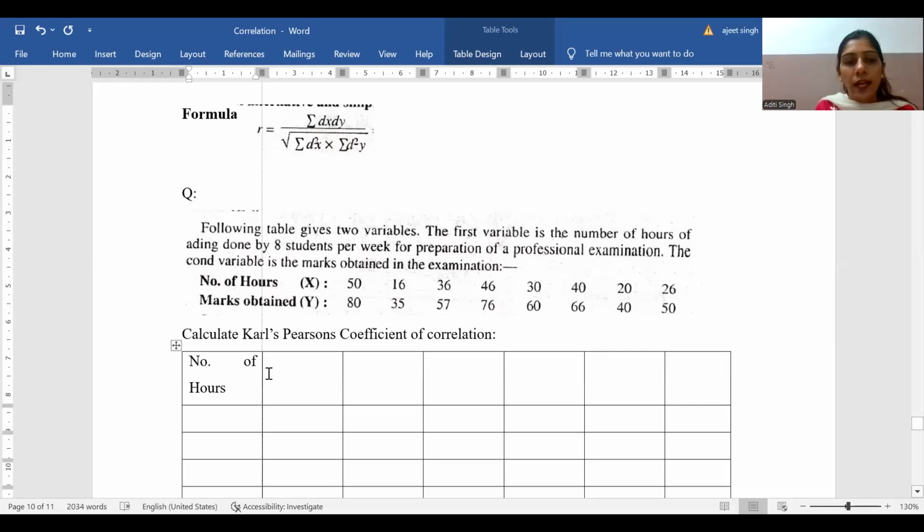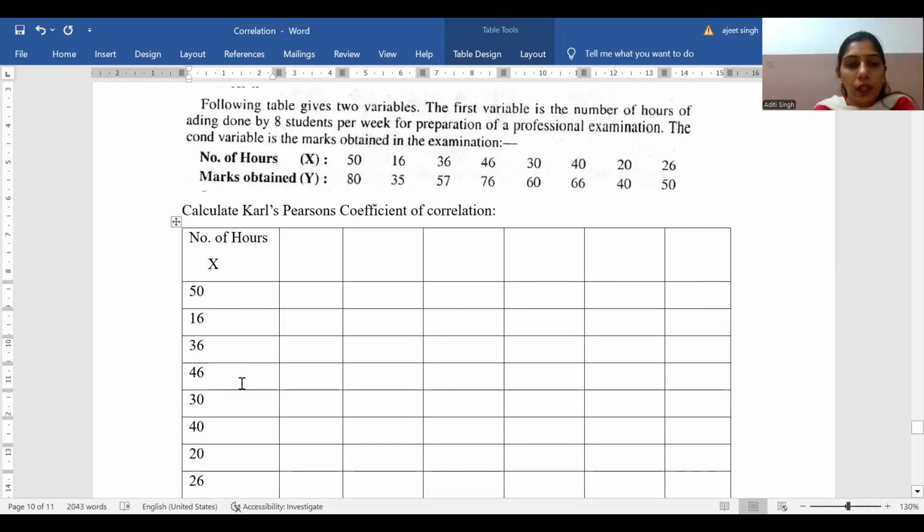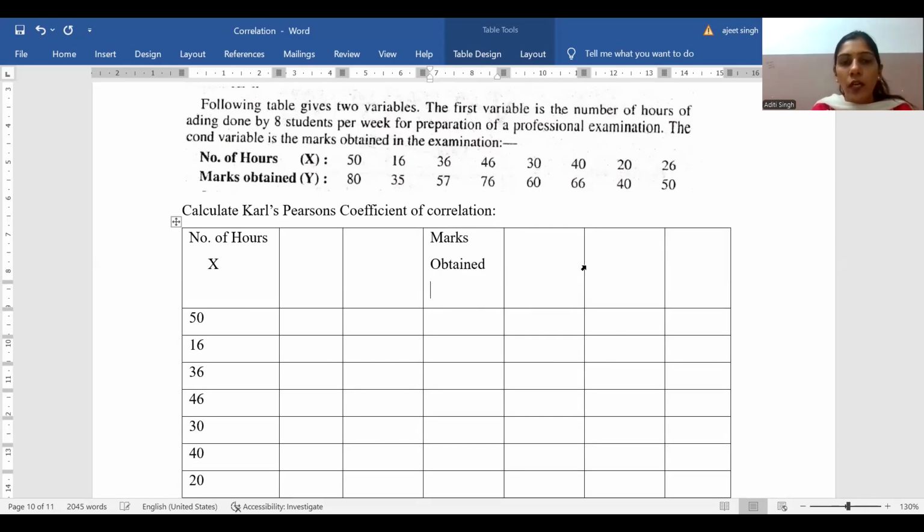So let's first start. First is number of hours given in the question, which is variable x. Let's write x. The information given is 50, 16, 36, 46, 30, 40, 20 and 26. Now let's leave the space of 2 columns and now write here marks obtained, which is denoted by y.